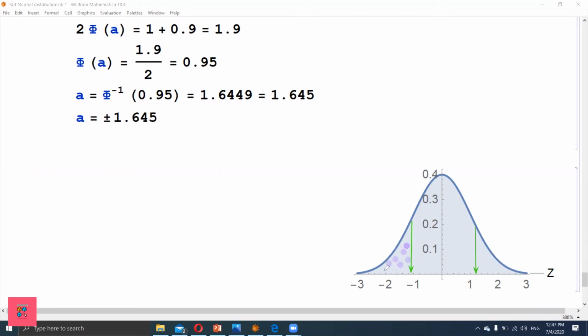This is the probability Z greater than plus A. So the total area, by summing up these two shaded areas, we will have 0.097.